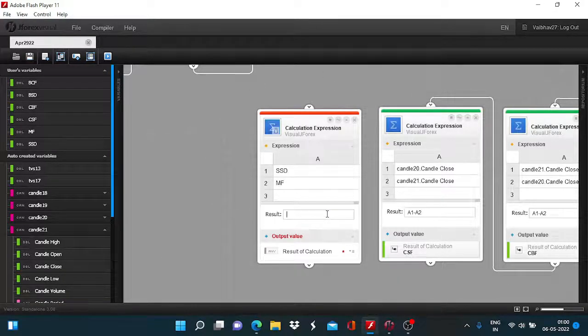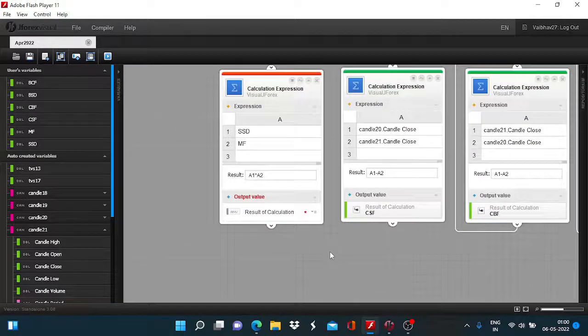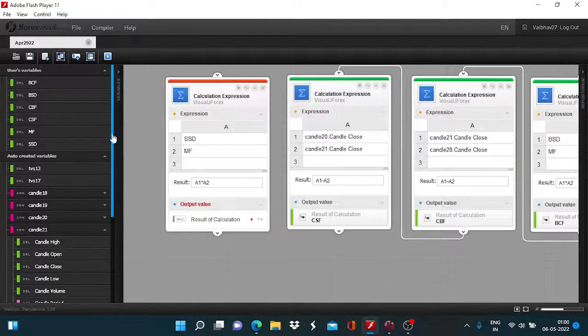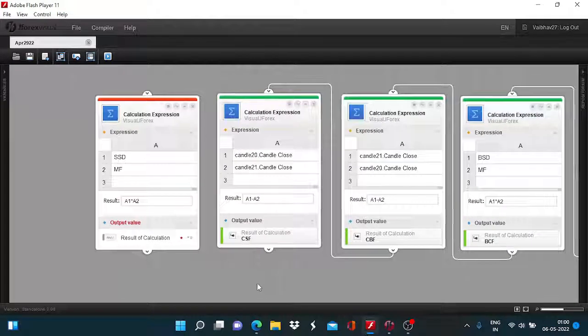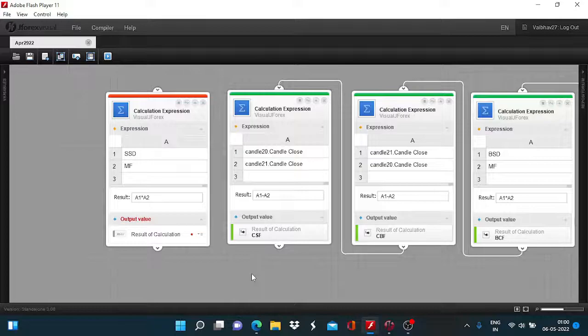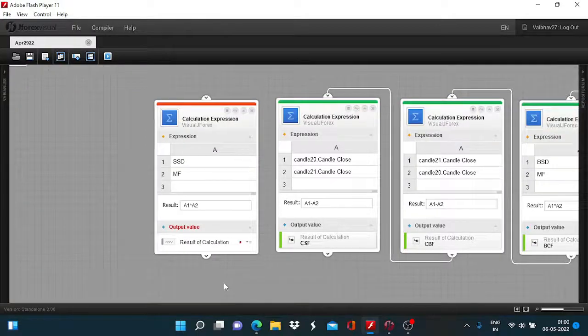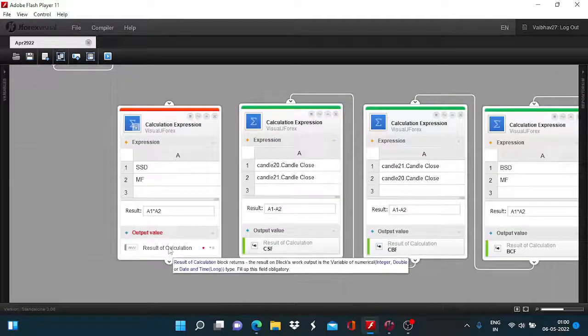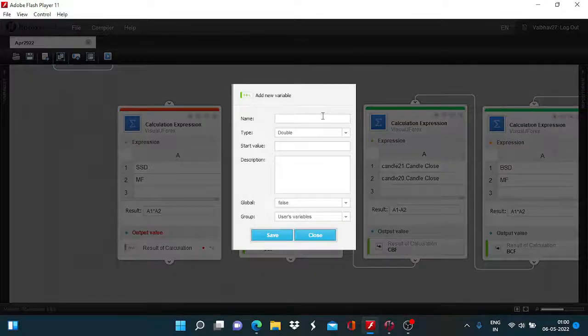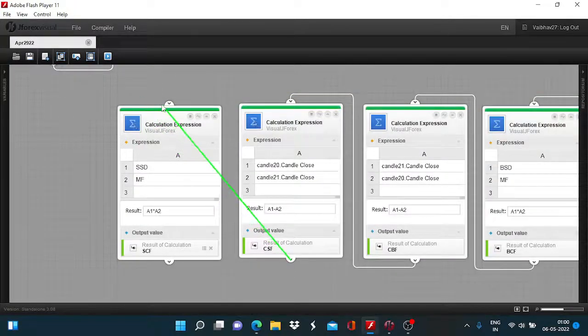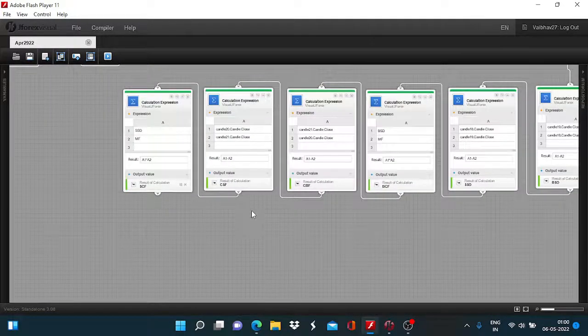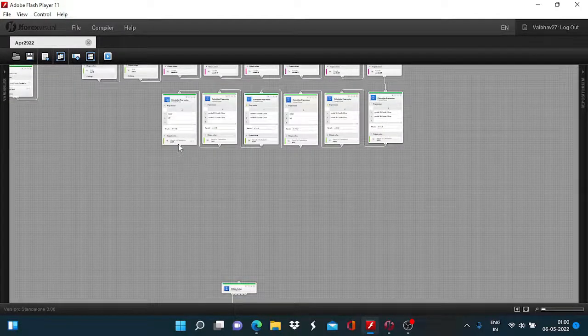So there is going to be A1 into A2. I'll name it as CF. All right. Now we join it to the multiple action.